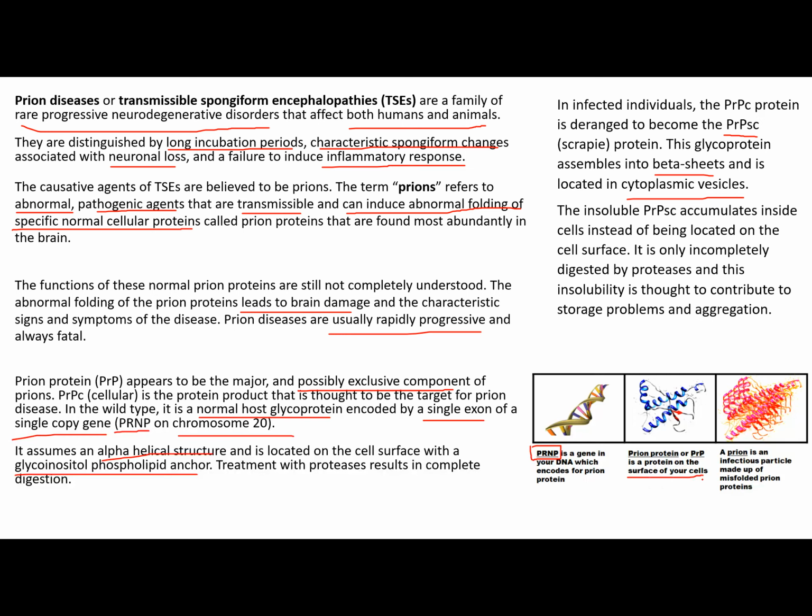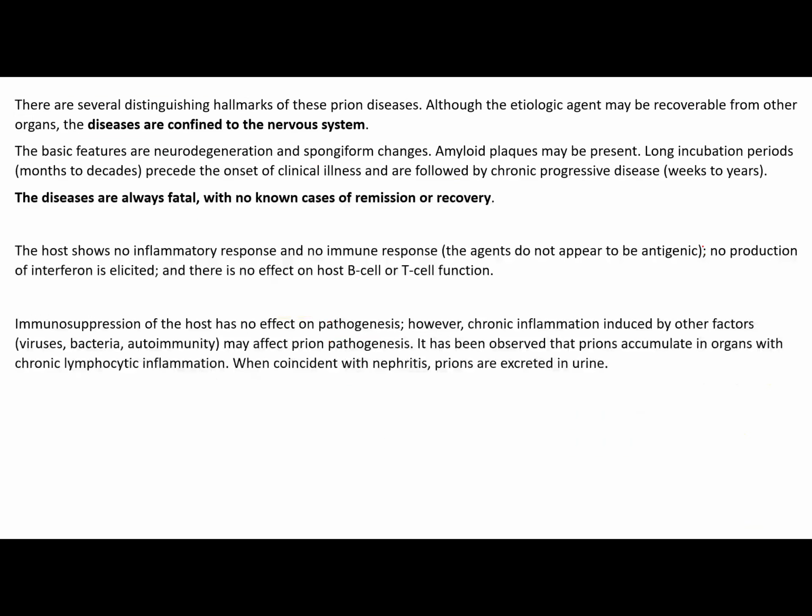If it undergoes mutation, it becomes an abnormal prion, PrPSc, which accumulates inside the cell. And another thing to take note of, your PrP would appear as alpha helical, while the abnormal prion, PrPSc, would appear as beta sheets.